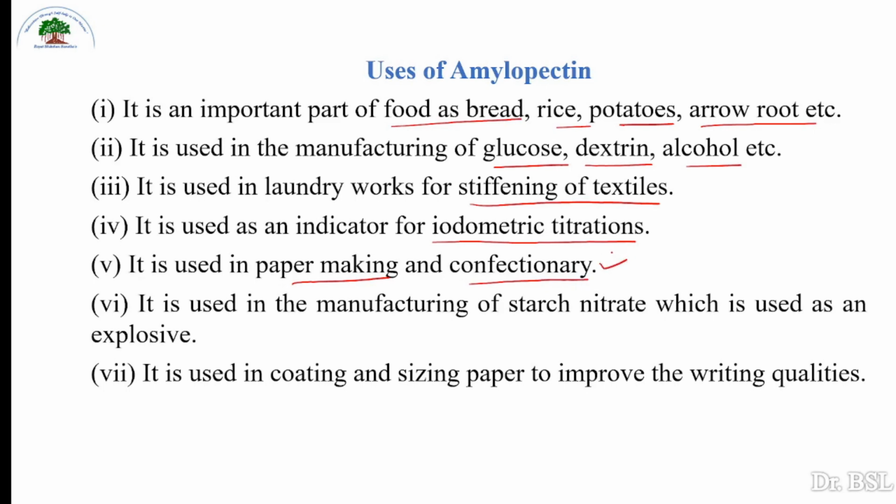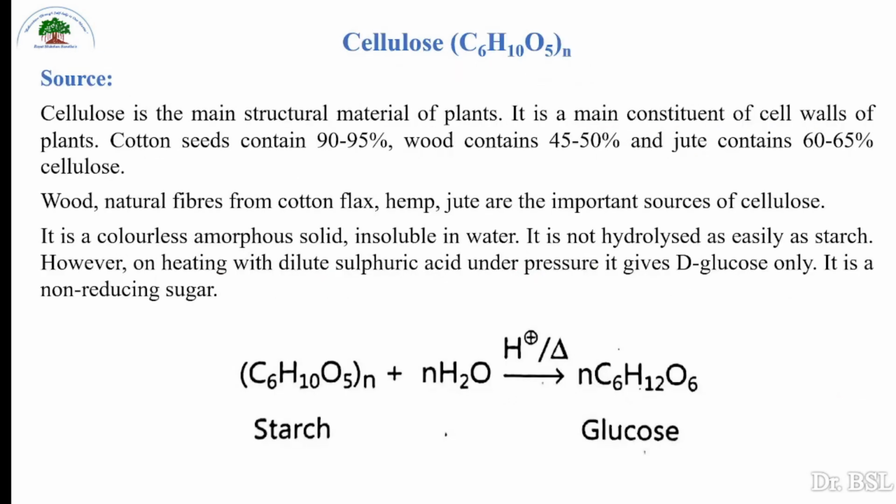Confectionery is making of sweets and some food items. It is used in manufacturing of starch nitrate, which is used as explosive. It is used in coating and sizing paper to improve the writing qualities. So these are the uses of amylopectin.